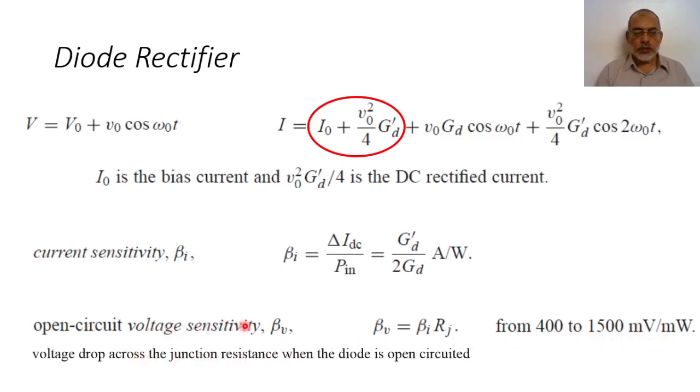And this open voltage sensitivity represents the voltage drop across the junction resistance when the diode is open circuit. So the diode is not connected to any load.